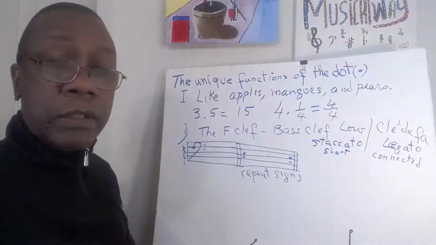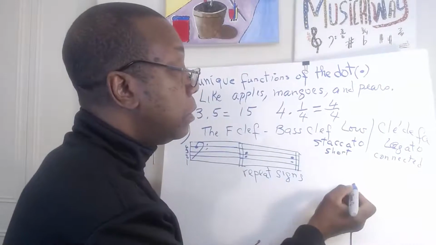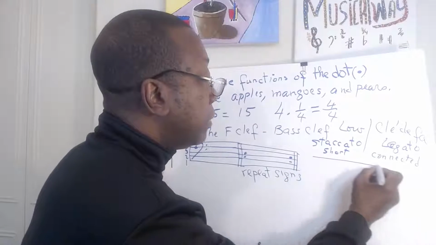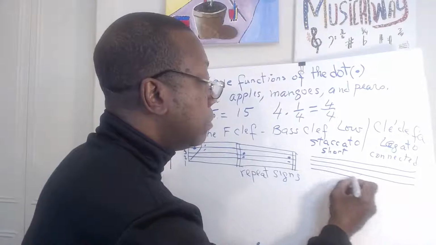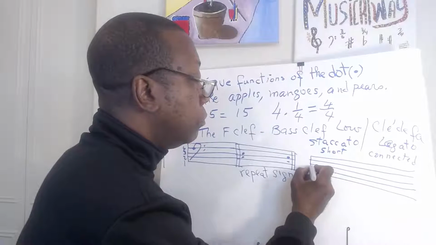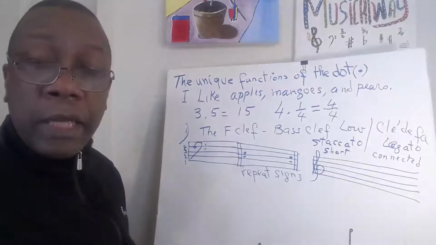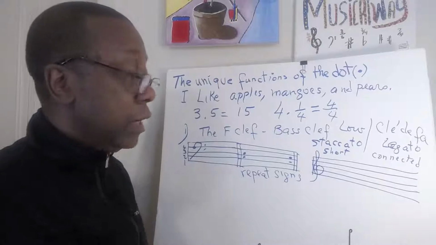And how does the dot come into play? Let's say I have a phrase, and then I want to make the difference in this expression, the way we sing it.